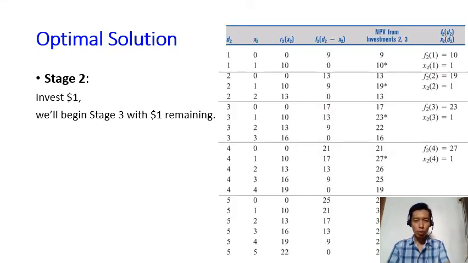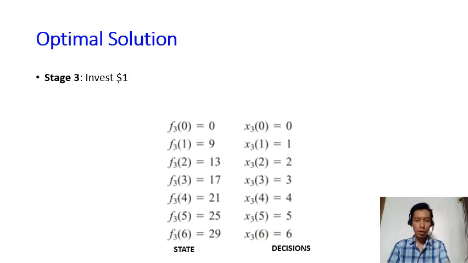At stage 2, we look at the one that has the state of $2,000 remaining, and then the best decision here is investing $1,000. So we will begin stage 3 with $1,000 remaining. So at stage 3, we look at this row, $1,000 remaining, and then the decision is just to invest those $1,000.